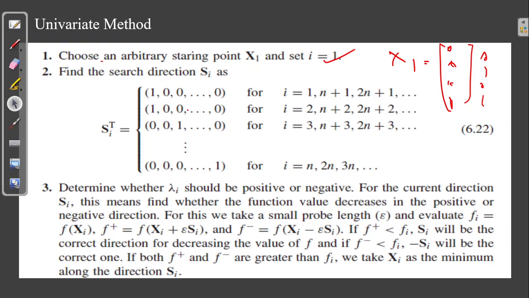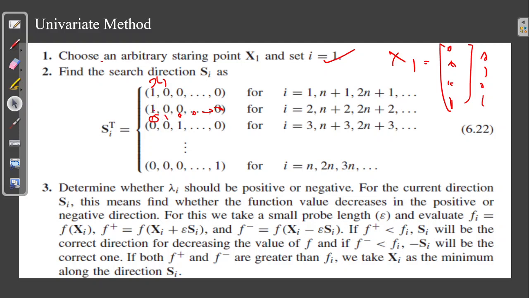Then the next step is to find the search direction. That means in which direction you have to go first. That is Si. Si is equal to 1 0 0 0 0, or 0 1 0 0 0. That means 1 followed by all zeros is the x1 direction, and actually this is not 1 0 0, it is 0 1 0 0.